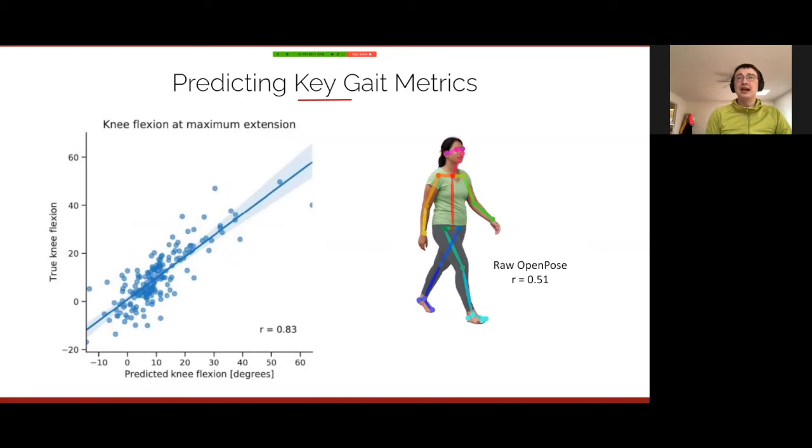But if we do that and correlate that with the metric from motion capture, we actually get a quite low correlation of 0.51. Now, if we use our deep learning approach with training a neural network in between, we get a correlation of 0.83. So here we have predicted values from our network, true values from the ground truth, and you see that the model actually performs. The predictions are quite good with correlation 0.83.